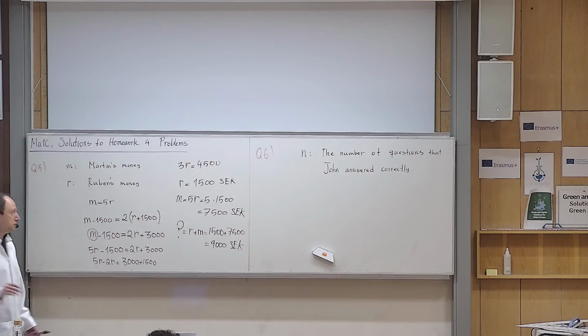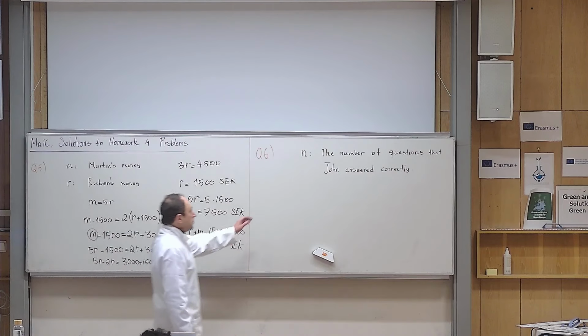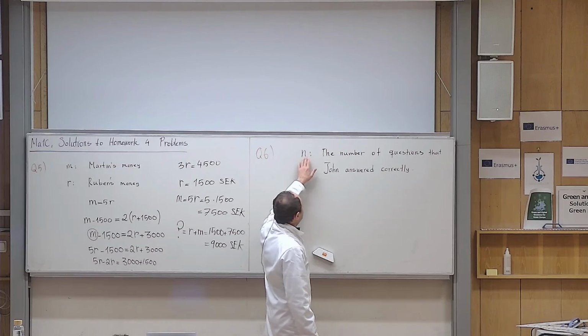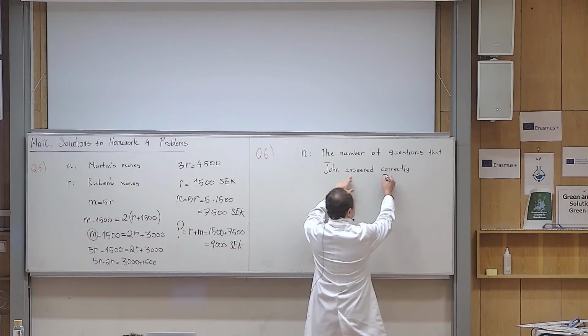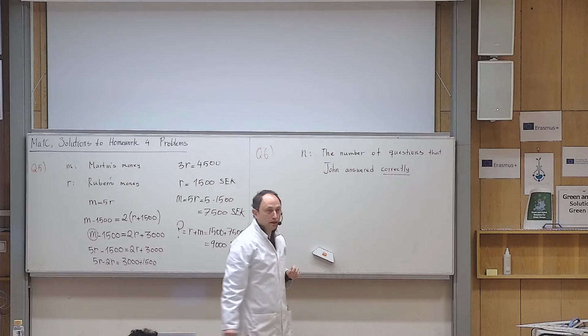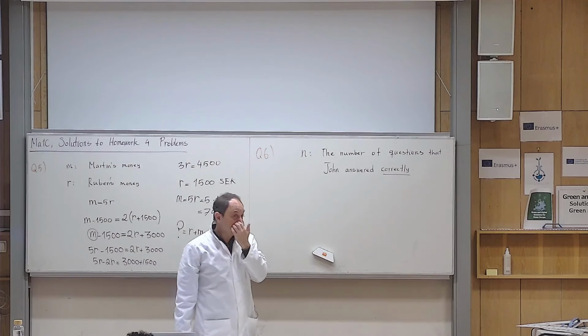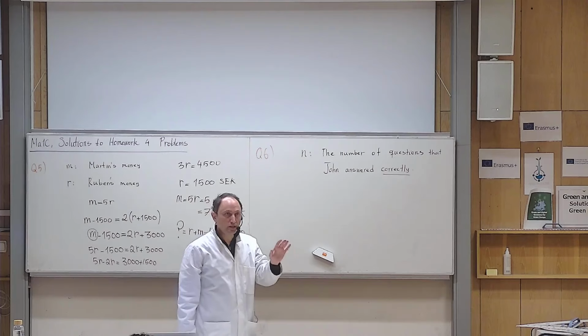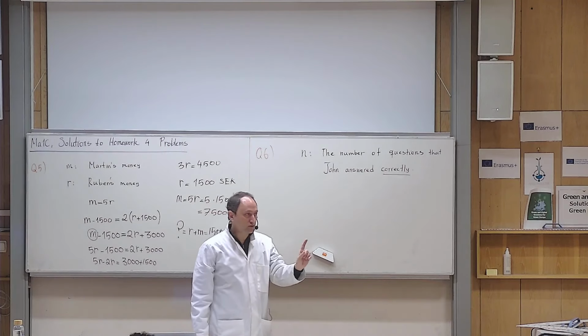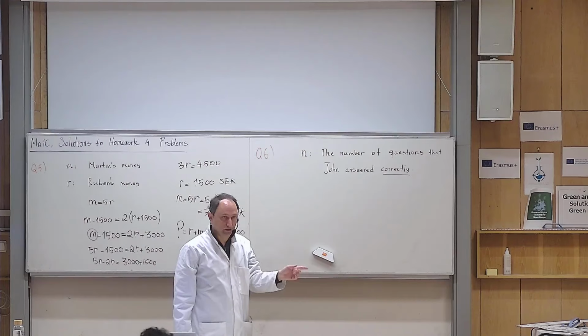So what should I do? I myself assume that n is the number of questions that John answered correctly. So how many questions did John answer wrongly? Because they have told you that John didn't leave anything blank, every question is answered either wrongly or correctly.